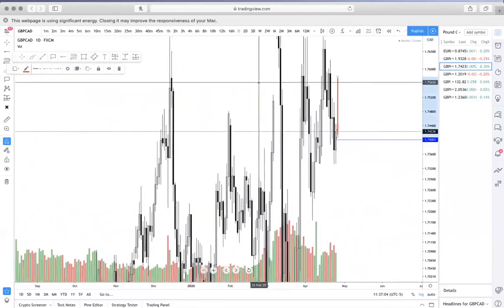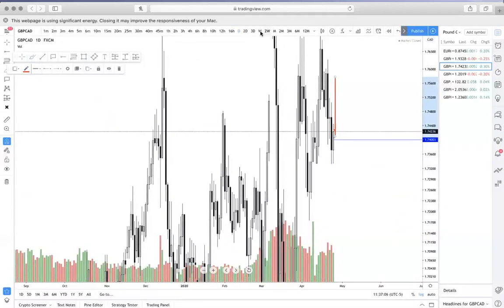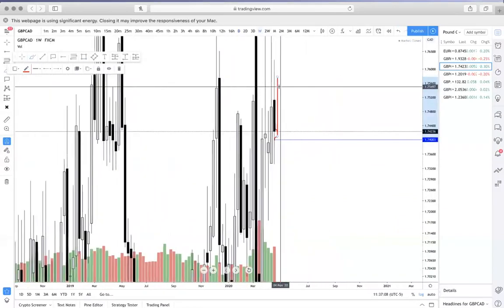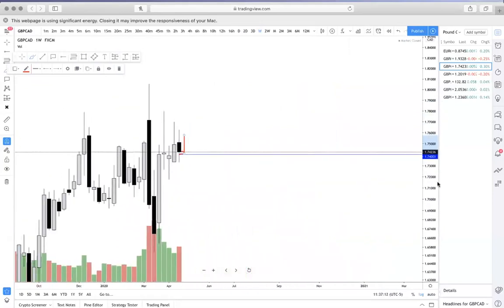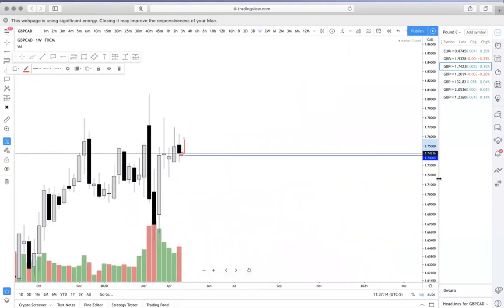Yeah, I'm kind of conflicted a little. I like GCAD, but I don't know if it wants to go higher or what. Even from a weekly, I was just looking at the weekly, and I feel like it wants to drop. I don't know, I'm not sure though.